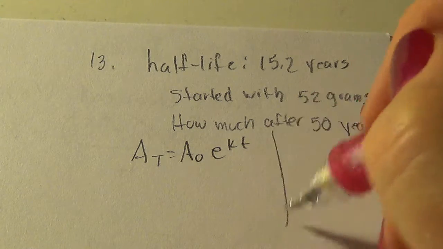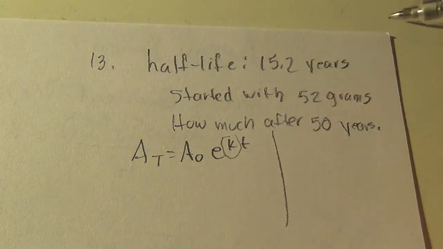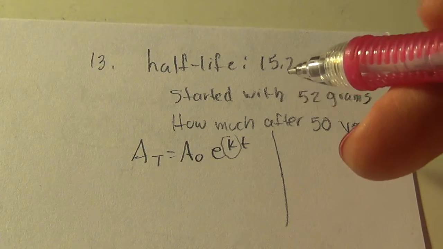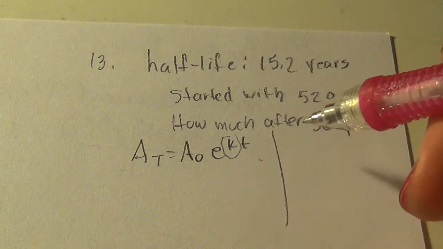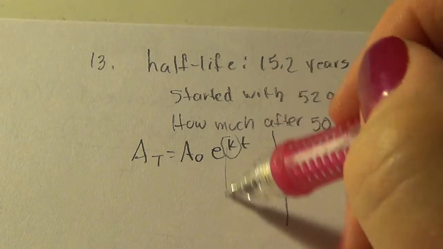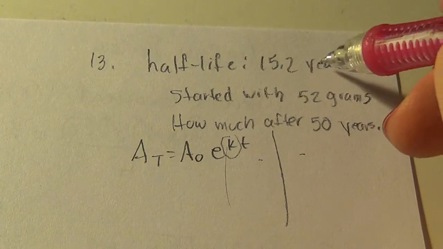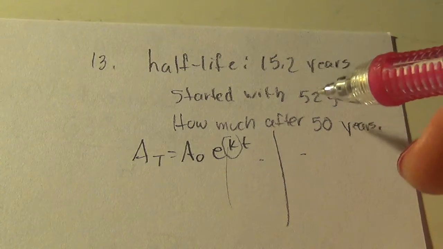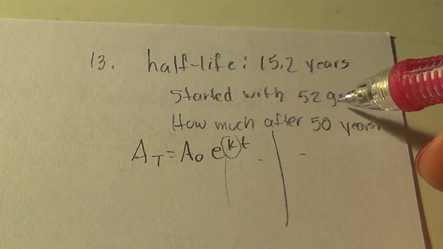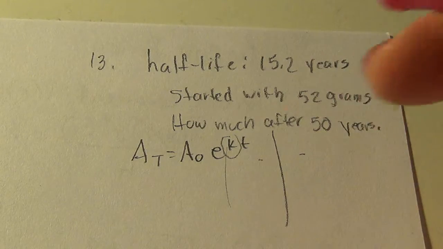When we have that, you see there is a k, and the strategy is find k, use k. So on this side, we're going to find k with the fact that the half-life is 15.2, and we start with 52 grams, 15.2 and 52.